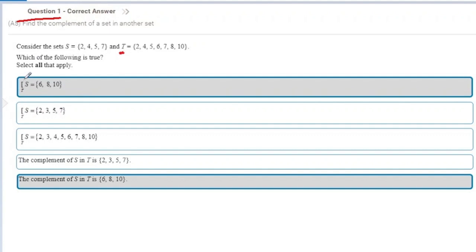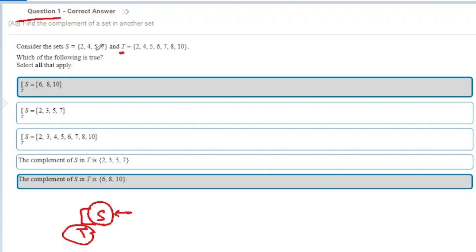Now this sign means the complement of S in T, which means the numbers which are in set T and don't exist in S. So let's see. The complement of S in T is {6, 8, 10}.